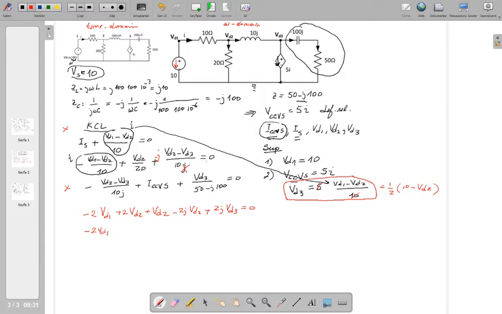VD3, 3 times VD2 minus 2j VD2 plus 2j times this. So that is 0.5 multiplied with 2 makes it j, isn't it? I'm going to multiply j with those two. So that means 10j minus j VD2 is equal to 0.